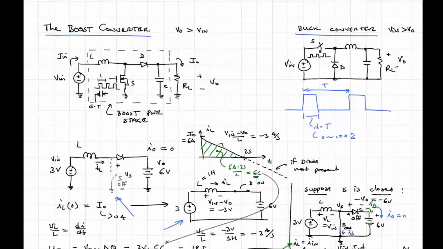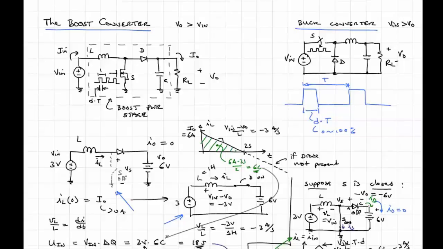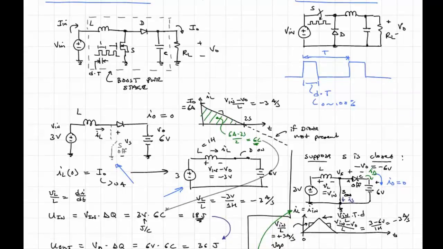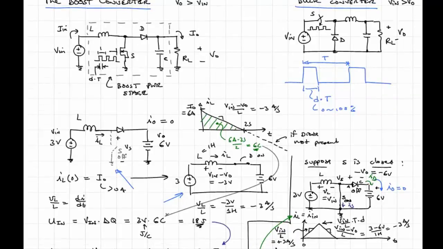And there are other types of losses that we won't talk about here, such as magnetic core losses due to the magnetic material in the inductor, or switching losses due to turning the transistor and the diodes on and off at high rates, and the fact that they don't actually switch in zero time. So all that to say that an actual converter in the lab is not going to run at 100% efficiency, but it can approach 100%.